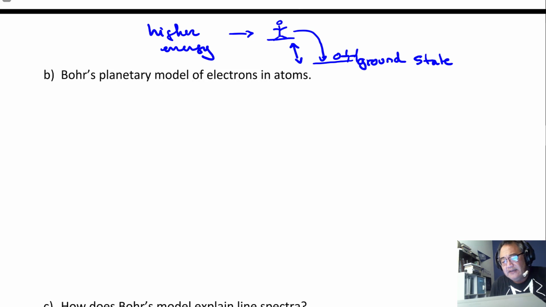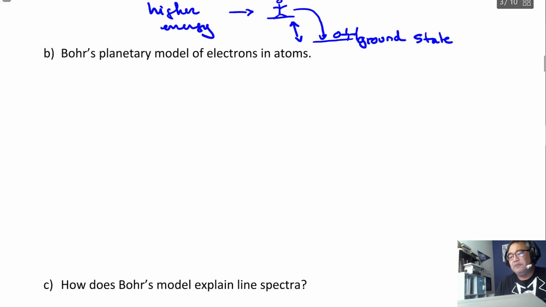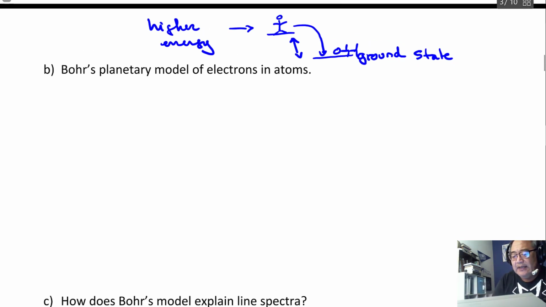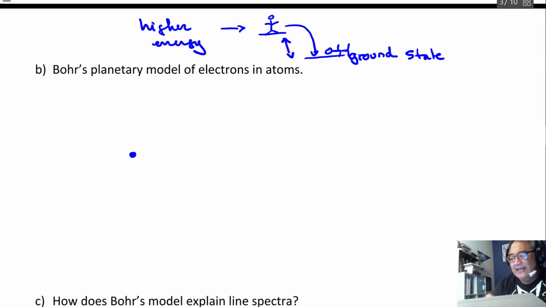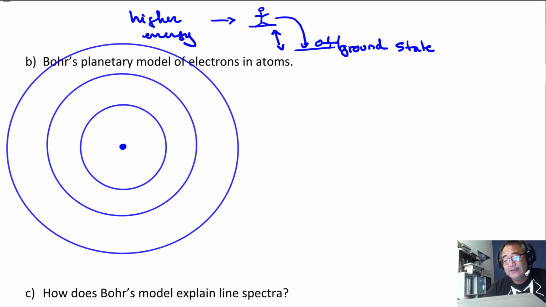So, having said that, Bohr's planetary model is set up like this. If you have a central part to the atom, the nucleus, and it has positive charge, the electrons can exist in regions around the nucleus that looked like this. So I just went off and got a circle drawing tool and made that. So this is the planetary model.